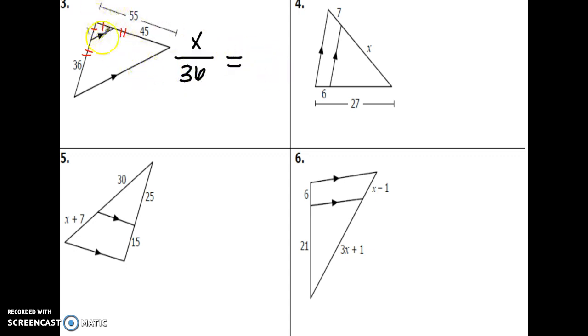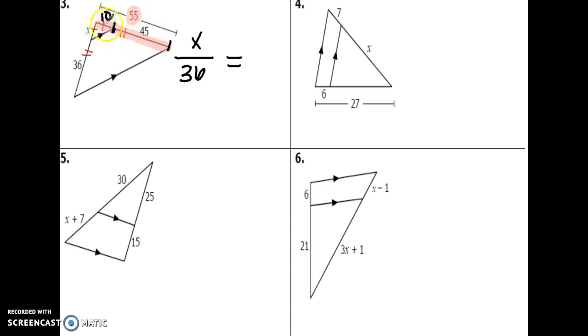So how can we solve what that is? Well, we know this entire length, so this in its entirety is 55. And then we know that from here to here, it's 45. So that means the remainder of that, 55 minus 45, will be 10.